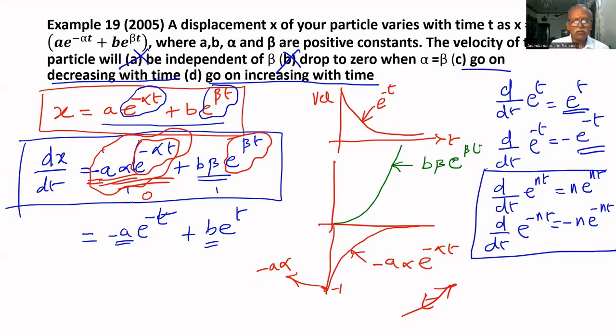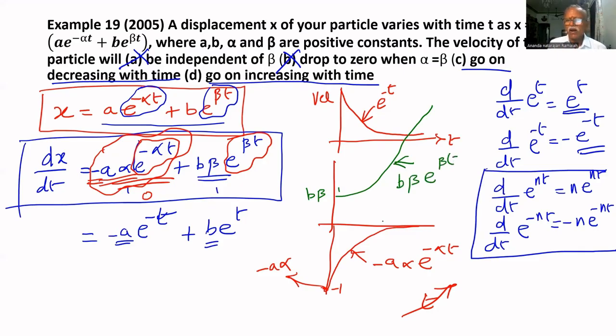When t equal to 0, e power 0 equals 1. If b and beta equal 1, it starts at 1. Otherwise, it starts at b beta. This is the graph for b beta e power beta t.